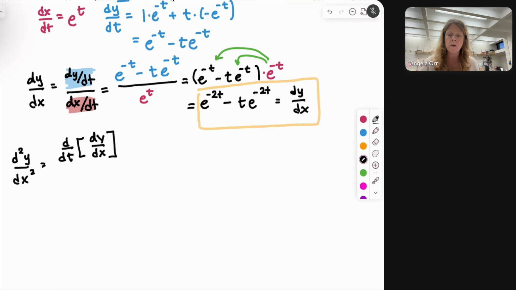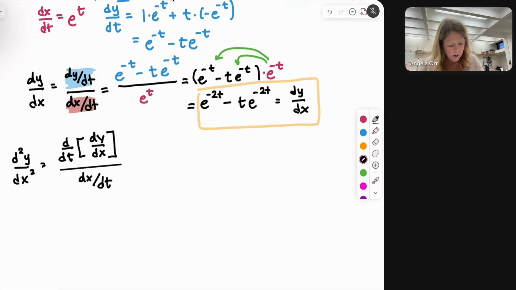So I'm going to take the derivative of my dy/dx, but with respect to time. And then we said previously we need to divide that by dx/dt, because we have a chain rule here, because dy/dx is dependent upon time.